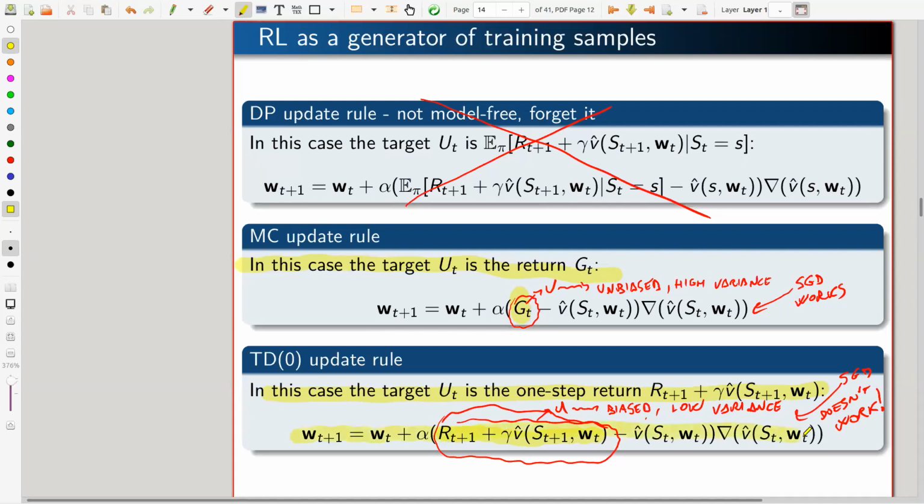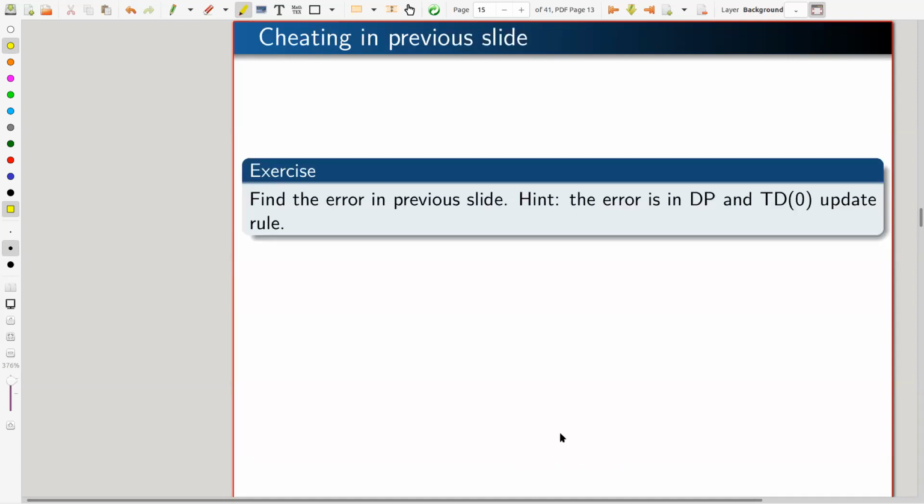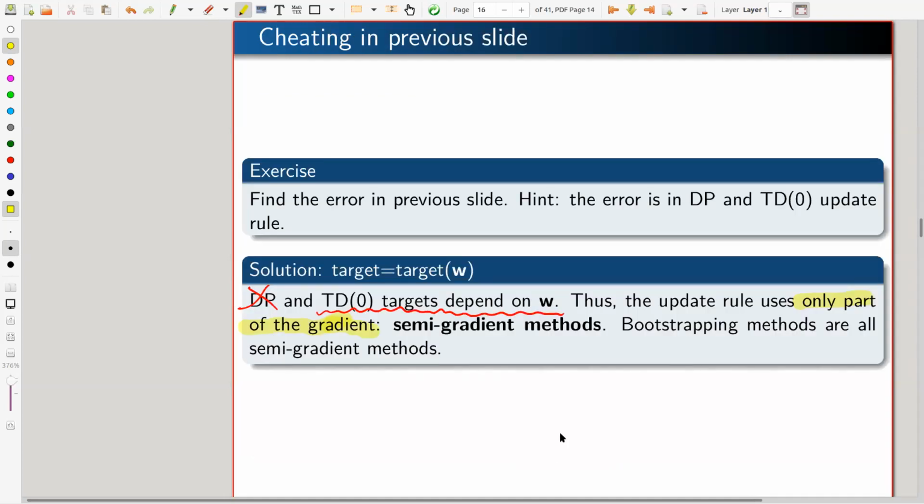Just this is not updating in the direction of the gradient, but this is an algorithm. Now we have to ask, does it work? At least it gets closer to the correct value function. When I want to point out that I'm using temporal difference in this setting with the partial gradient in this way, I can state that I'm using a semi-gradient temporal difference method. And in general, you can imagine that every bootstrapping method is a semi-gradient method.